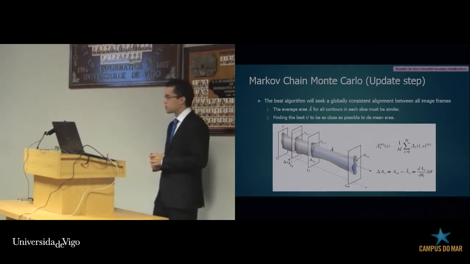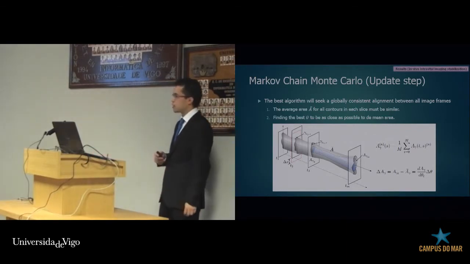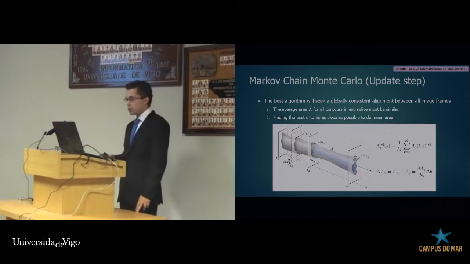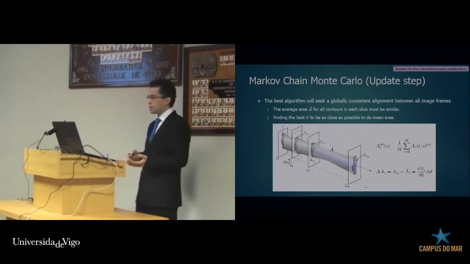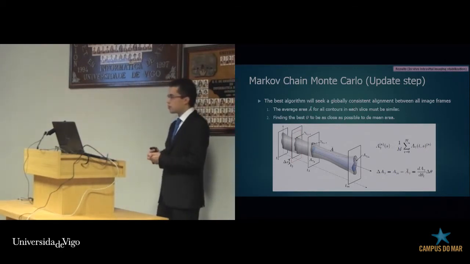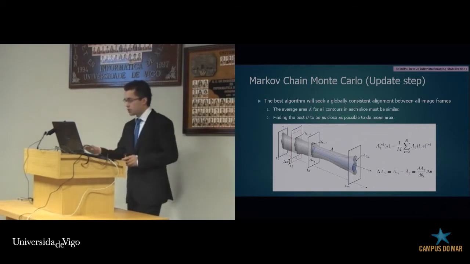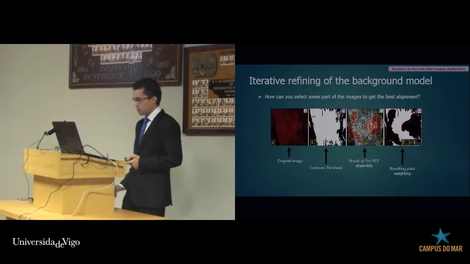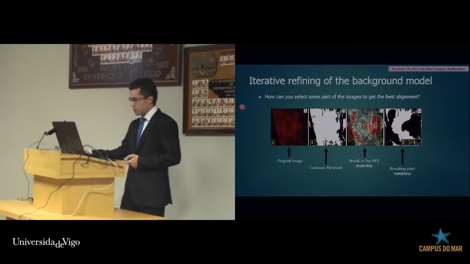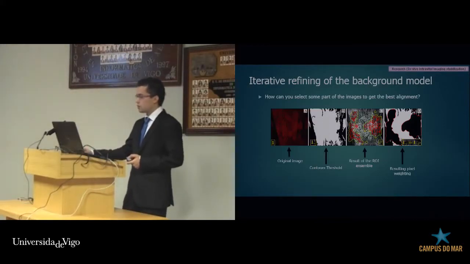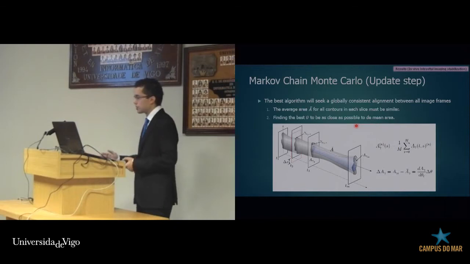Then we have a Markov chain Monte Carlo update step because we think the best algorithm will do a globally consistent alignment between all image frames. So the average area for all the contours that we use is this one. With the contours, you are going to obtain the same area.